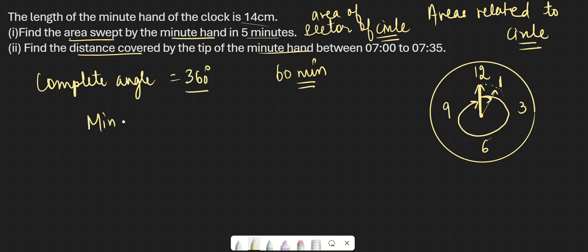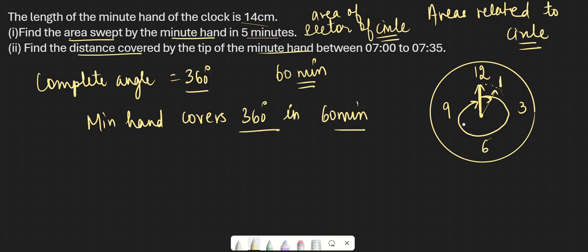So we say the minute hand covers 360 degrees in 60 minutes.